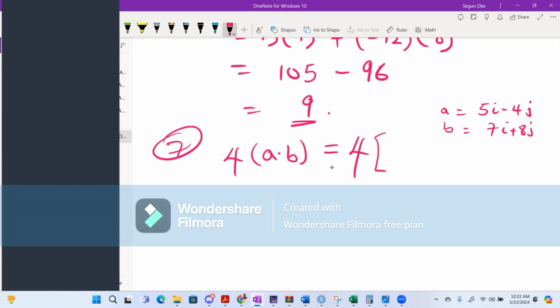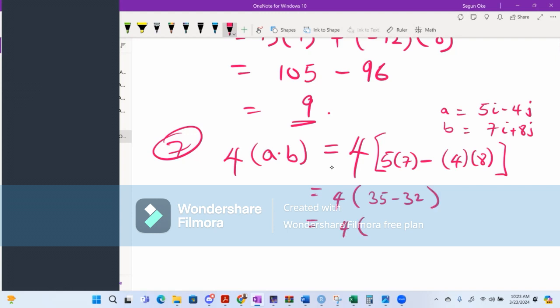So A dot B will be 5 multiplied by 7, minus 4 multiplied by 8. So you have it to be 4 in bracket 35 minus 32. You have it to be 4 in bracket 3, equals 12. So this is a way to solve the problem. Let's take note of that.